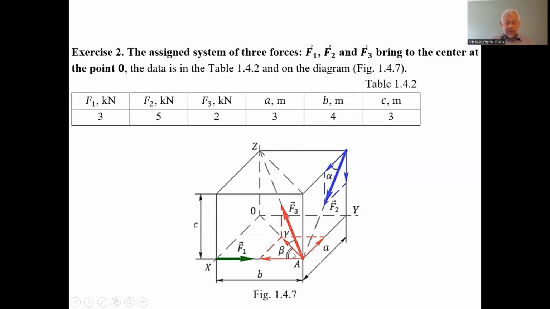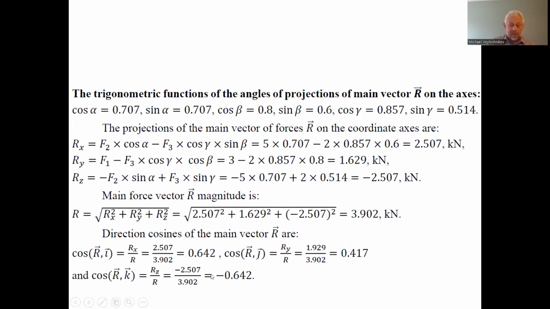We multiply F3 by cosine gamma, and next we multiply this by sine beta. This projection of force F3 on this edge is parallel to axis X but in the opposite direction, so we use a minus. And for the force F2, first we use the cosine of alpha to find the projection of force F2 in the horizontal direction parallel to X.